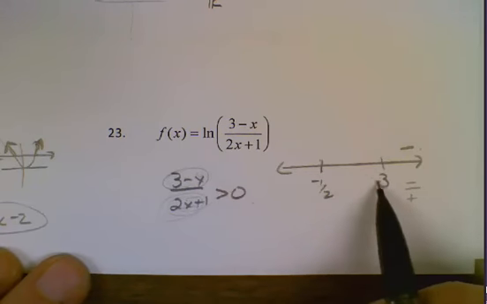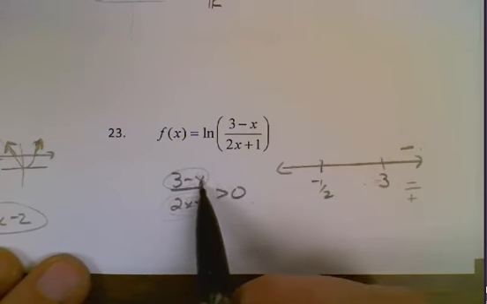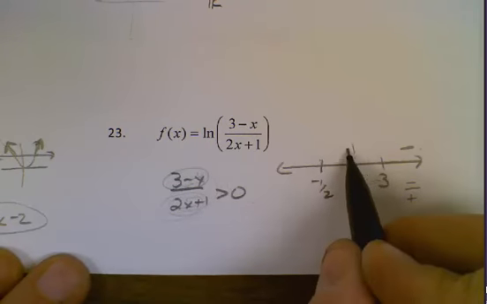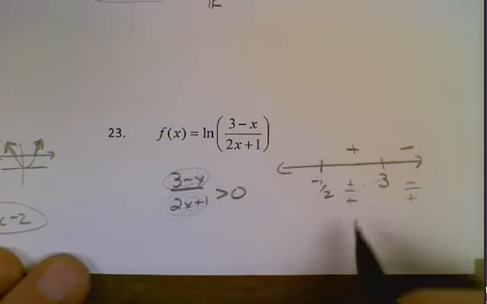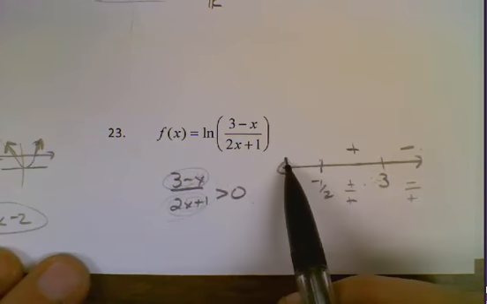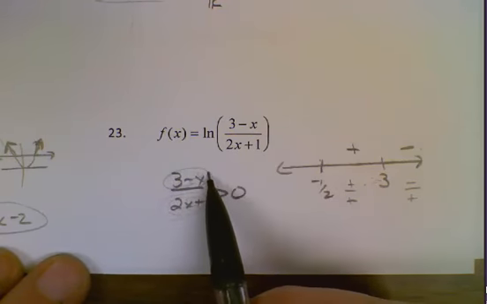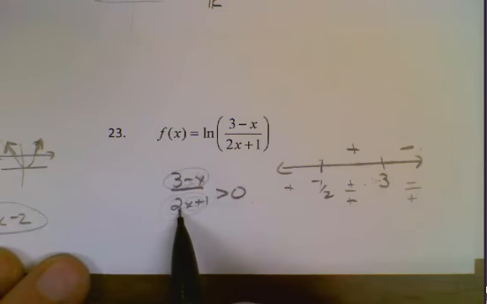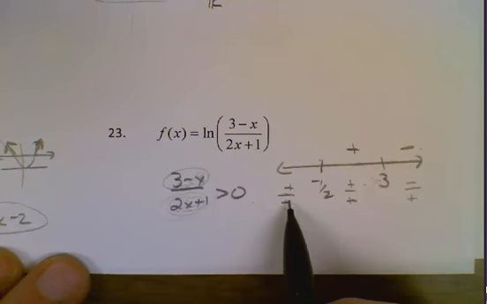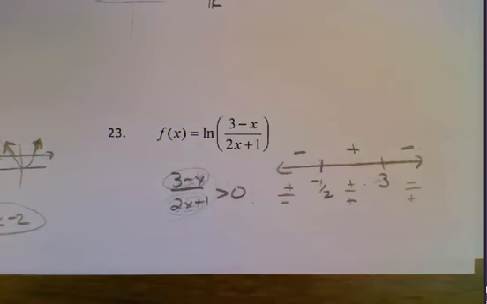Something in between here would probably be 0. 0 would be a positive here and a positive there, so positive over a positive. Something down here like negative 5. 3 minus a negative 5 would be positive. 2 times negative 5 plus 1 would be negative, so I'd have a positive over a negative.